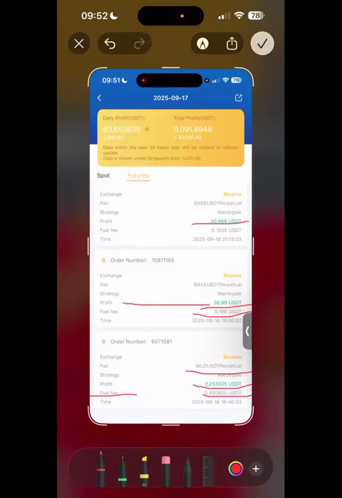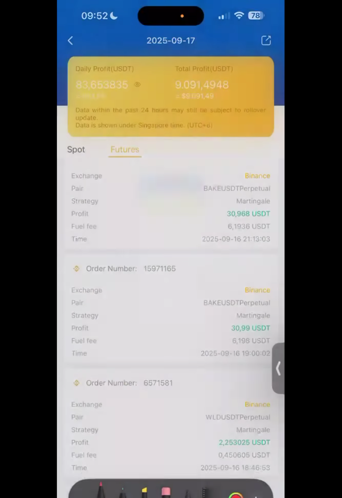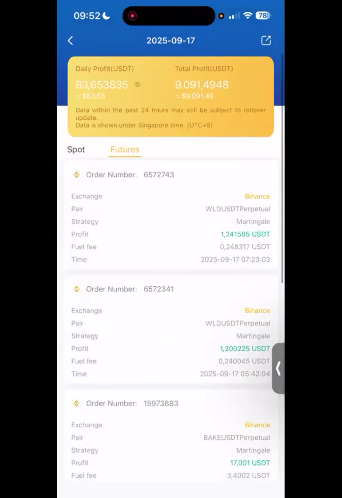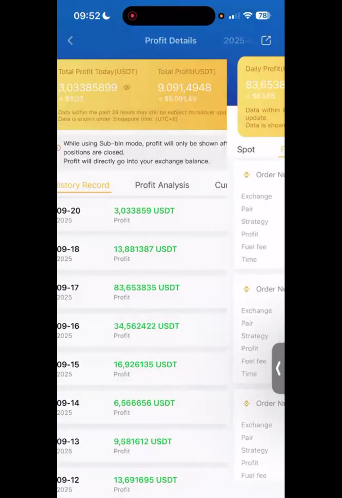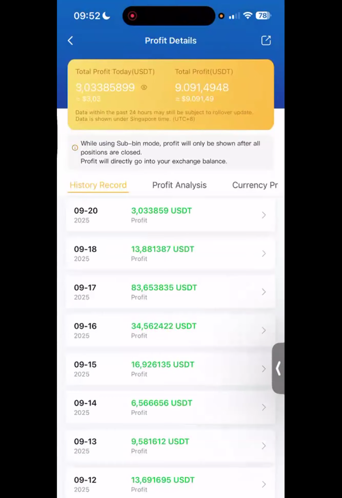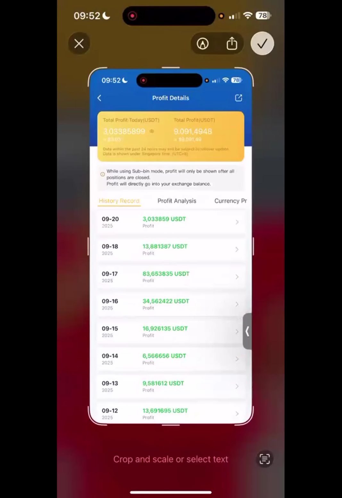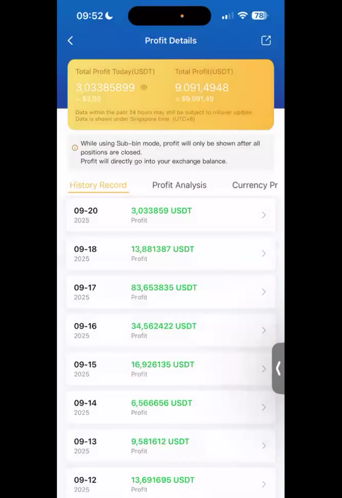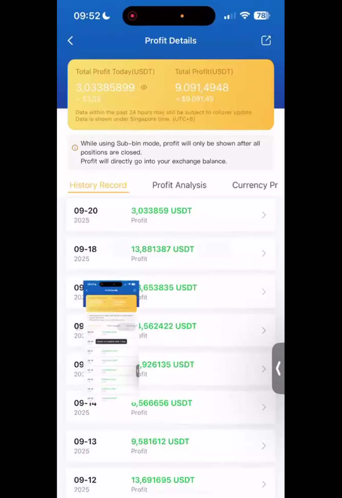We have another one here. You can see it in that order. Okay. So all this sums up to be the 83.65 USDT. But if I want to tap on this record, I won't be able to get it. Why?